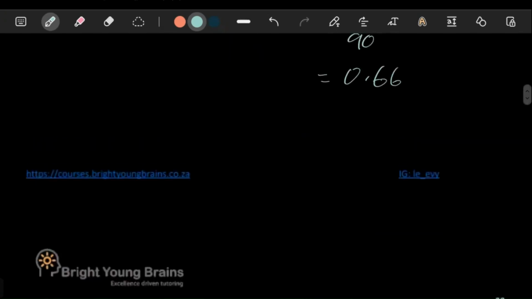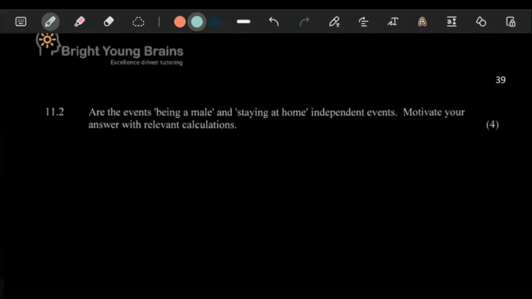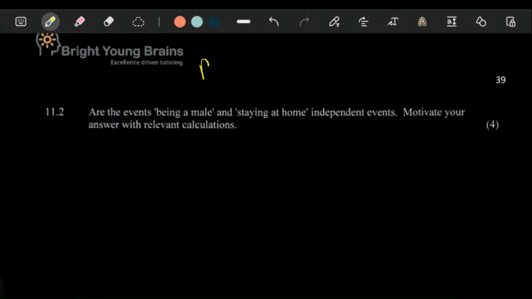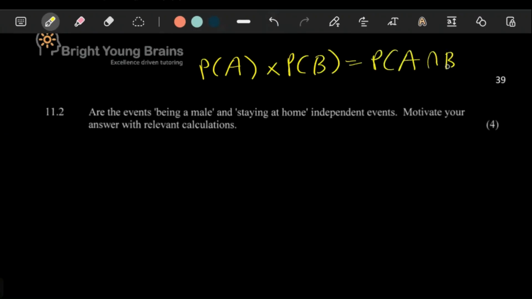Let's move on to the next one. Are the events being male and staying at home independent events? Justify your answer. With independent events, there's a formula. The formula states that the probability of A multiplied by the probability of B is equal to the probability of A and B. This is for independent events.